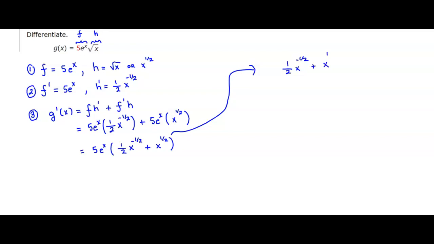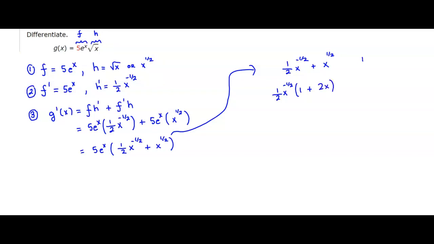So if we have 1/2 x to the negative 1/2 plus x to the 1/2, we can factor out an x to the negative 1/2. And by doing that, if we factor out 1/2 x to the negative 1/2, that means we're going to get 1 here. Plus, if we factor out 1/2 x to the negative 1/2, what we're going to end up with is 2x.